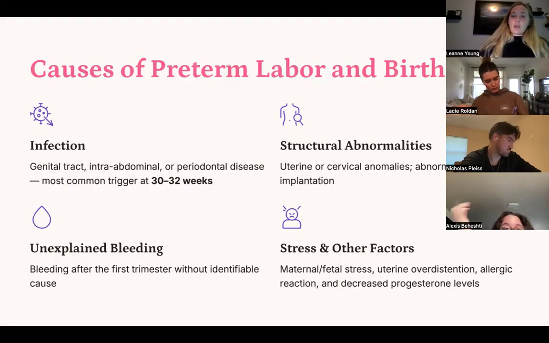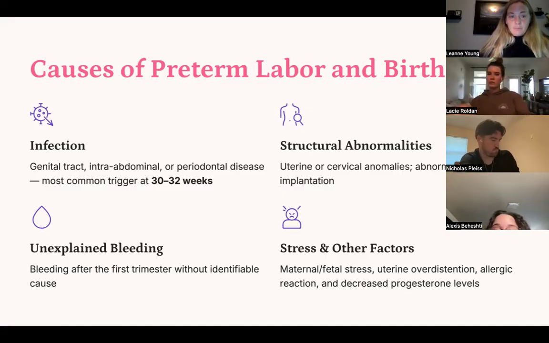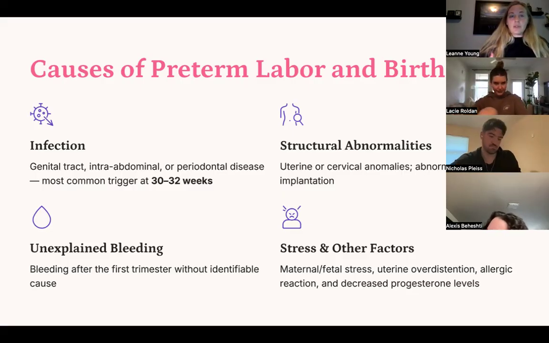Another infection that we'll talk about is called chorioamnionitis. That is infection of the amniotic fluid. That can cause preterm labor. Okay, that is one of the main infections that can occur close to the pregnancy.